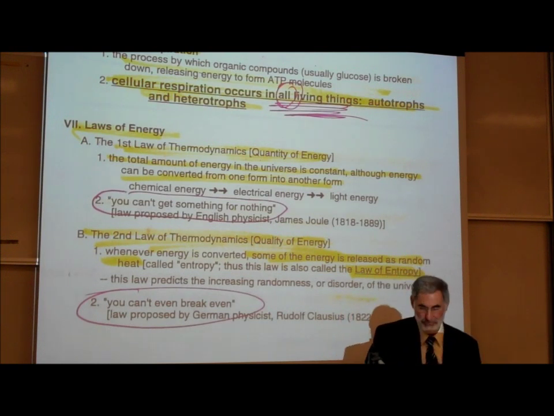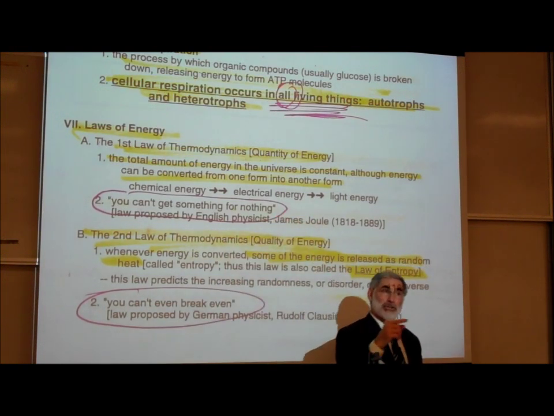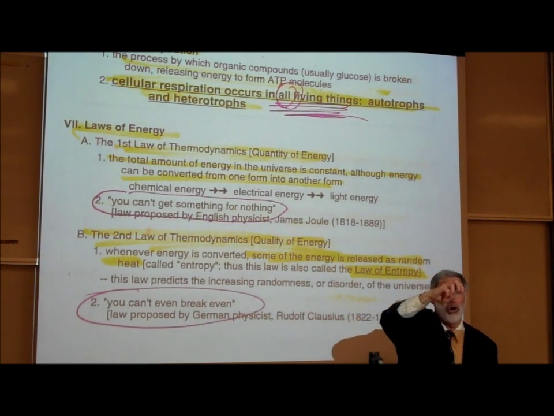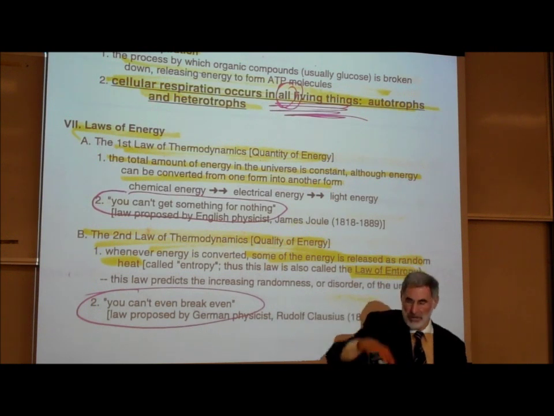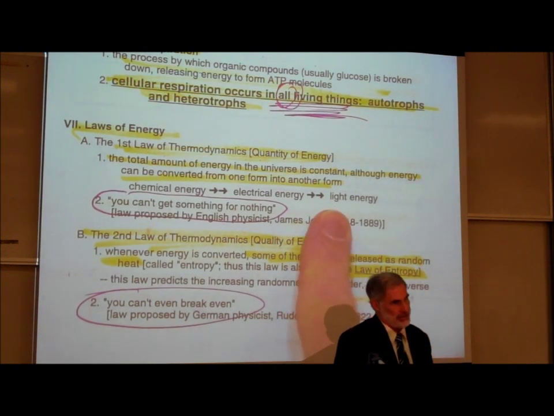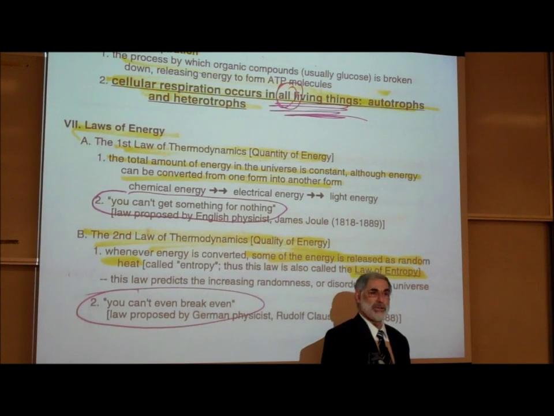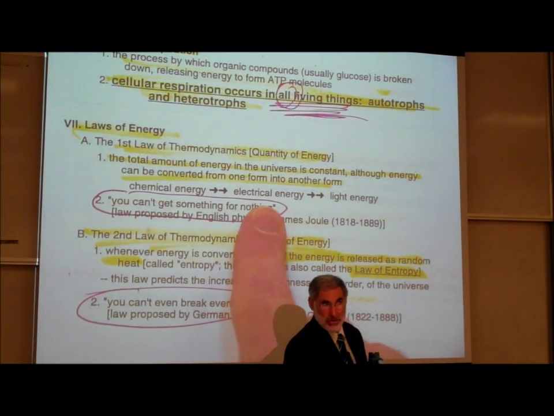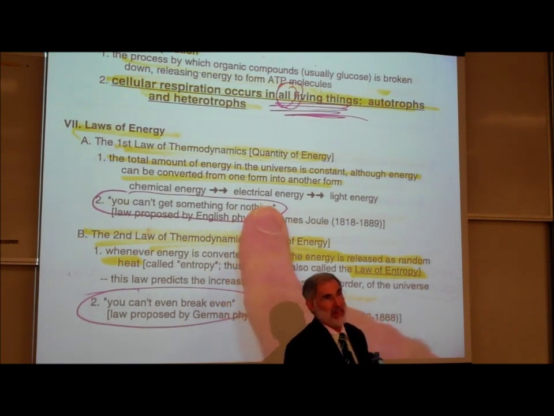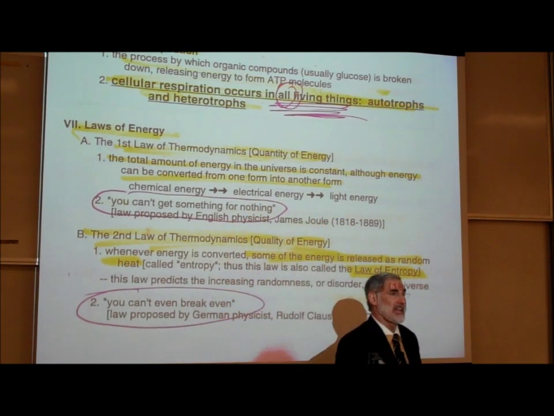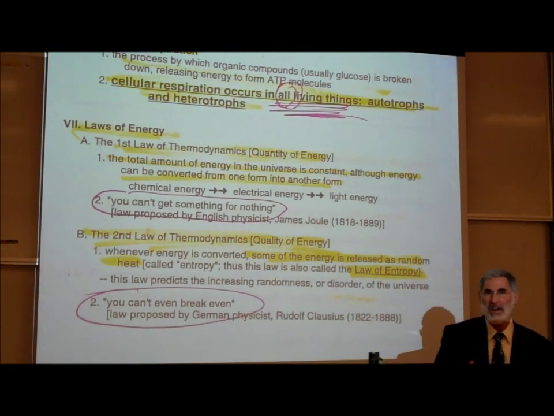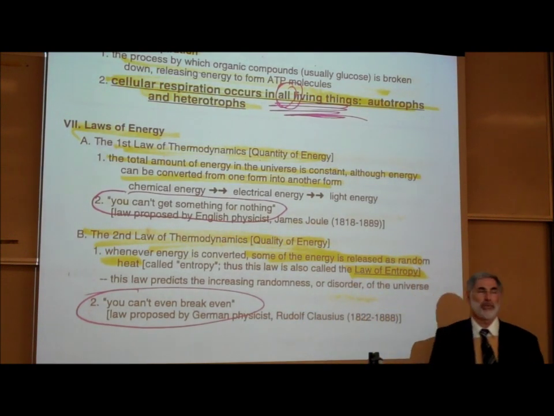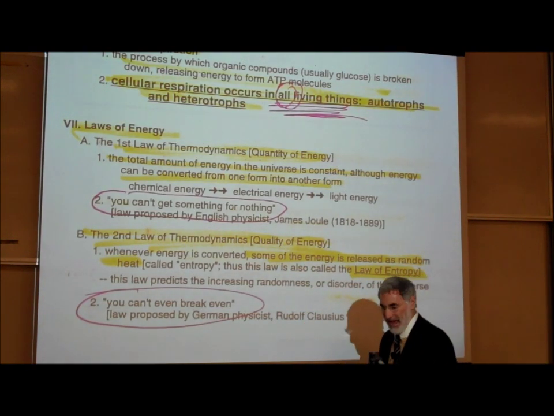And then, as that electrical energy goes through the tungsten filament wire in the light bulb, it causes the electrical energy to be converted a third time into light energy. So literally, when you turn on a flashlight, chemical energy in the battery is turned into electrical energy that flows through the light bulb, and the light bulb converts the electrical energy into light energy. So clearly, one form of energy can be converted into another form of energy. That's basically what the first law of thermodynamics says. It predicts you can do that.